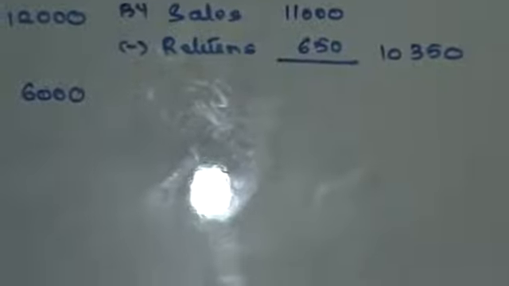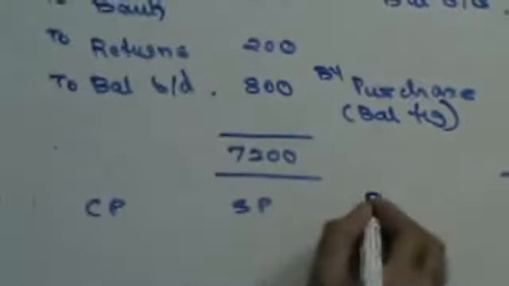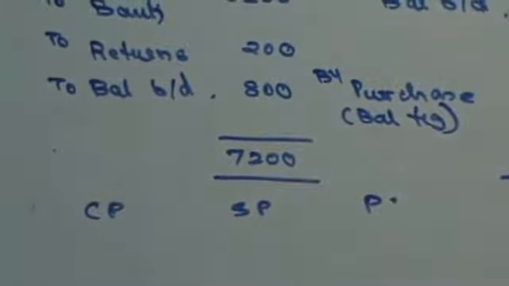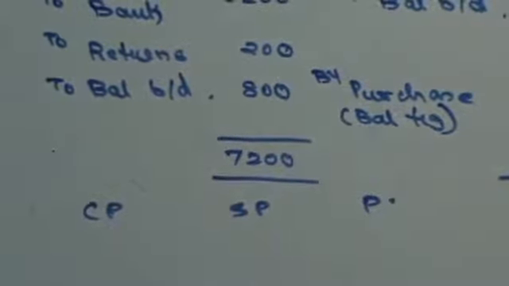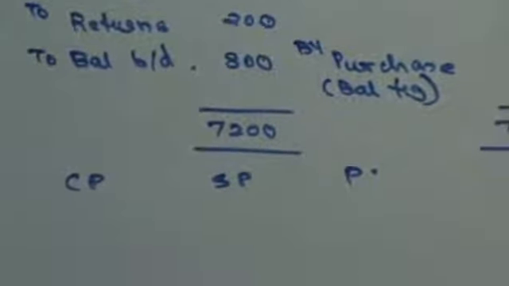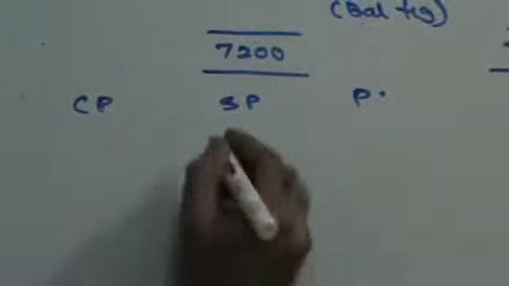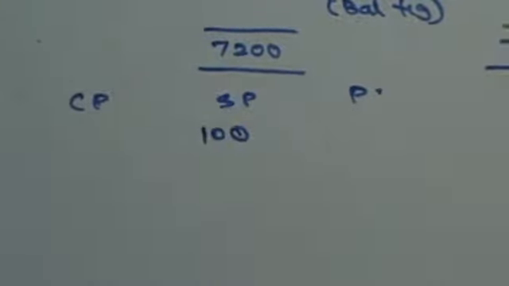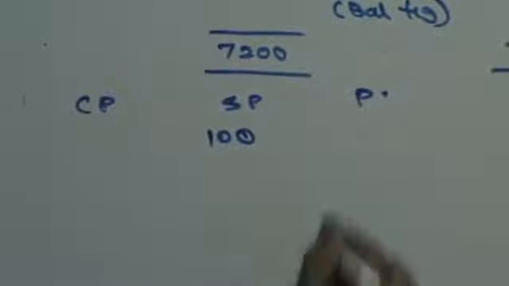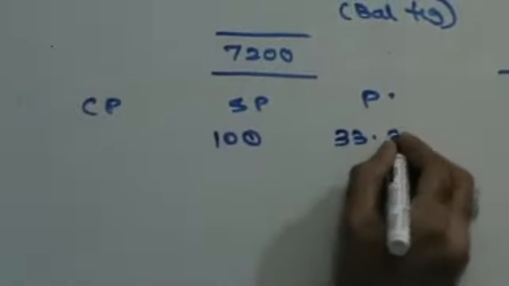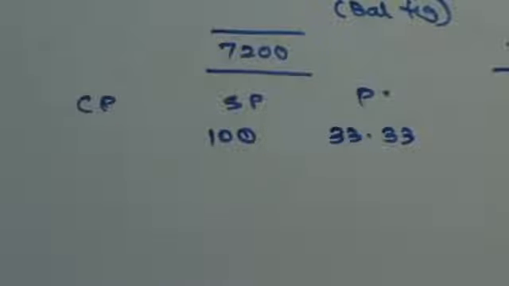Let's find out the gross profit, guys. Cost price, selling price, profit. Goods are sold at 33 1/3% on selling price. Guys, careful. In the previous sum they had said on cost price. Here they are saying on selling price. On selling price means you will assume selling price as 100. This 33 1/3% means 33.33.